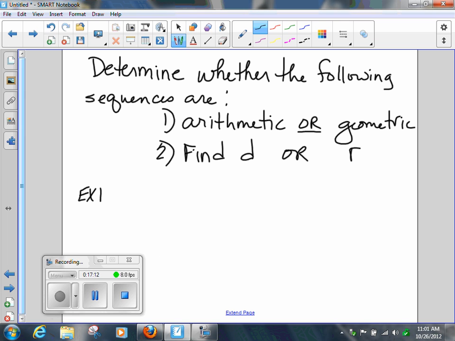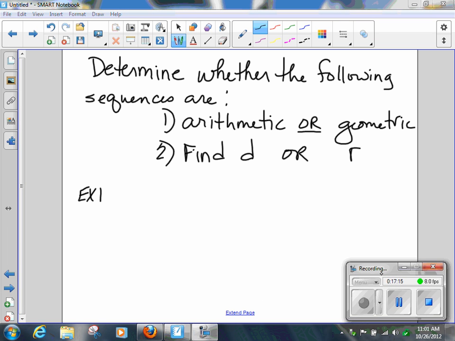And I'm going to give you a couple of these, and I'm going to let you do this on your own, or you can work with a partner, somebody sitting close to you.